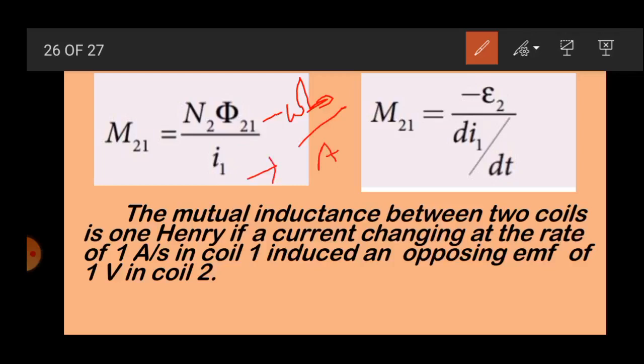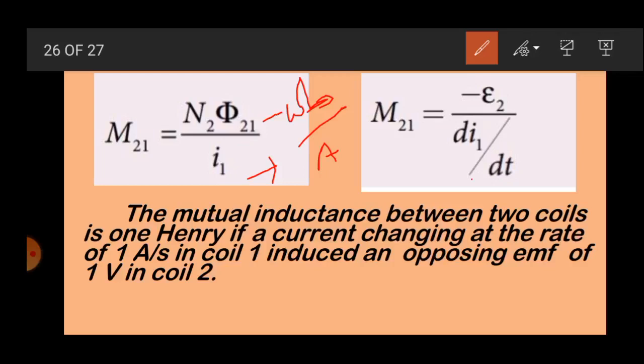This is the same in mutual inductance, which is equal to 1 Henry. So the unit of mutual inductance is also Henry. The mutual inductance between two coils, coil 1 and coil 2, is said to be 1 Henry if a current of 1 ampere in coil 1 produces unit magnetic flux linkage in coil 2.